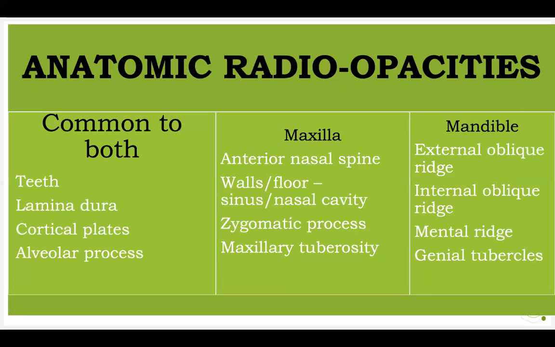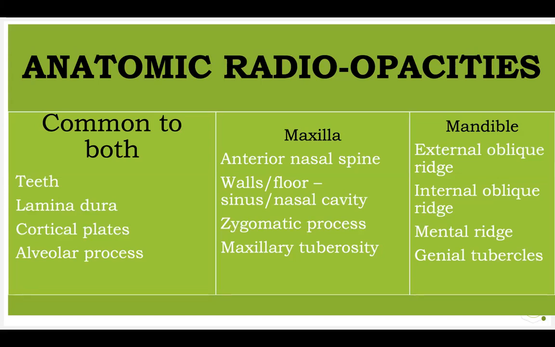Now the anatomic radiopacities are again classified into three: common to both maxilla and mandible, seen only in the maxilla, and seen only in the mandible. Common to both are the teeth, lamina dura, cortical plates, and alveolar process.